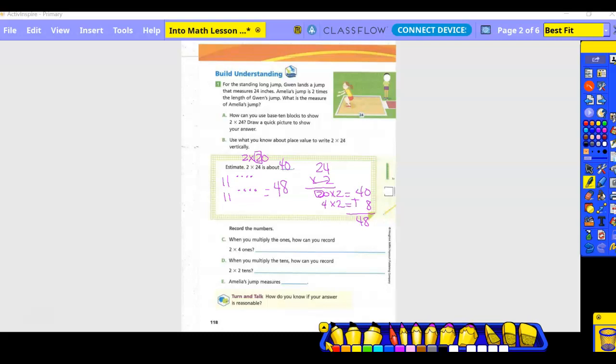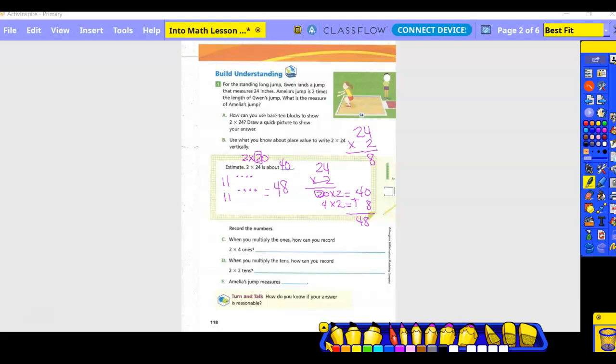So if I wasn't going to do it this way, and I was going to work it like this, remember what I write, you write, okay? What would I do first? 2 times 4 is 8. Okay, so I took it times the ones place, right? Now I have to move to the next place, the tens.